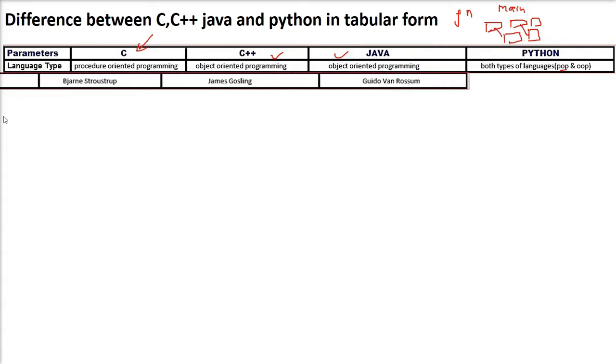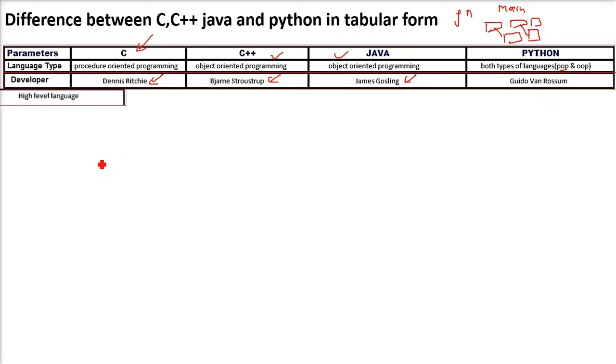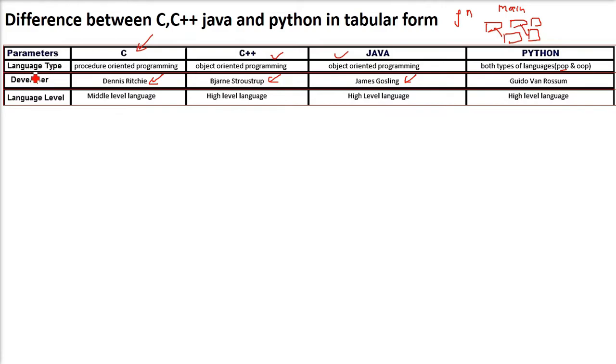Then, who developed it? C was developed by Dennis Ritchie. C++ by Bjarne Stroustrup. You can call it Bajane also, but Bjarne Stroustrup is how it is being spoken. Java is by James Gosling, and Python is by Guido van Rossum. What is the level of this language? C is a middle level language, very close to hardware.